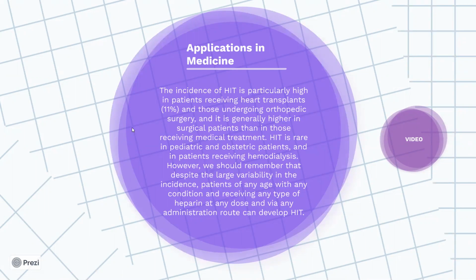Heparin-induced thrombocytopenia is rare in pediatric and obstetric patients, and in patients receiving hemodialysis. However, we should remember that despite the large variability in the incidence, patients of any age with any condition and receiving any type of heparin at any dose and via any administration route can develop heparin-induced thrombocytopenia.